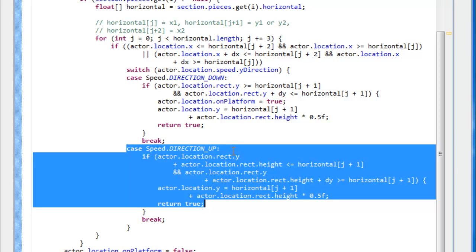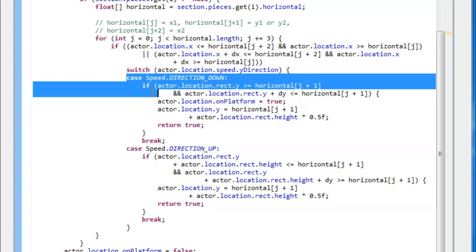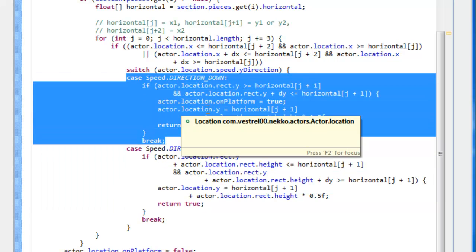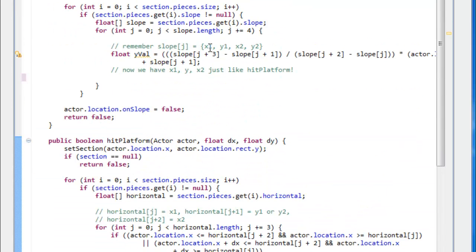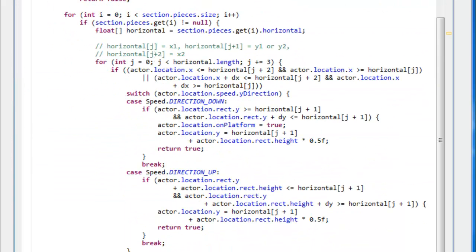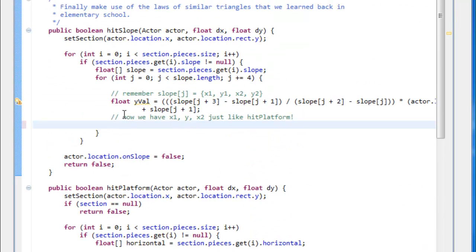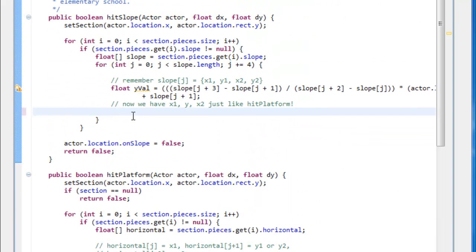So we're not going to detect a ceiling that is a slope. If you're under a slope and you jump up, you're just going to pass through the slope. That's what I have in mind. So we're just going to detect for the case in which the direction of the speed is going down, so our code is a little bit shorter than hit platform for hit slope.